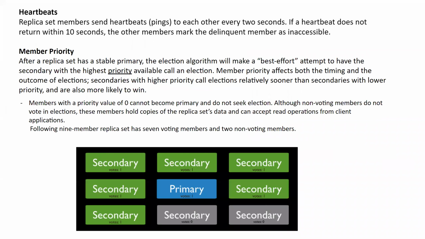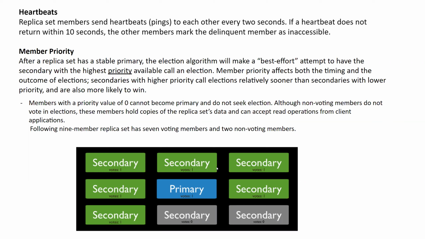So this is a heartbeat; it checks whether the heartbeat returns within 10 seconds or the member is inaccessible, and how we set a member priority. After a replica set has a stable primary, the election will make a best effort to have the secondary with the highest priority become primary.